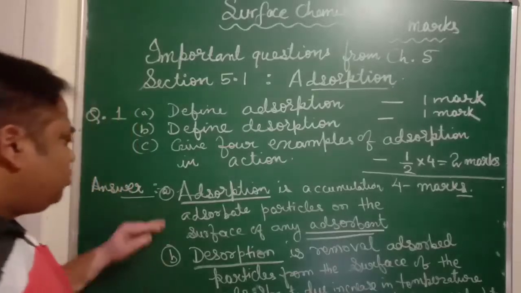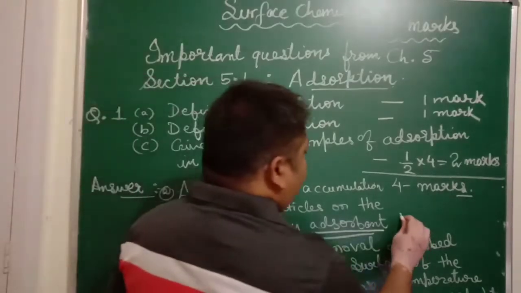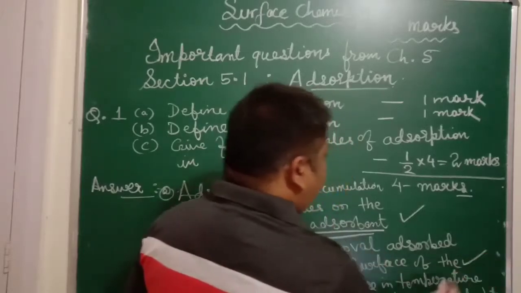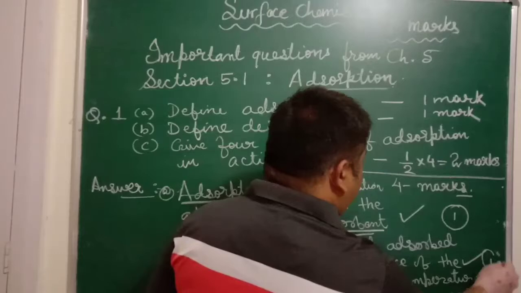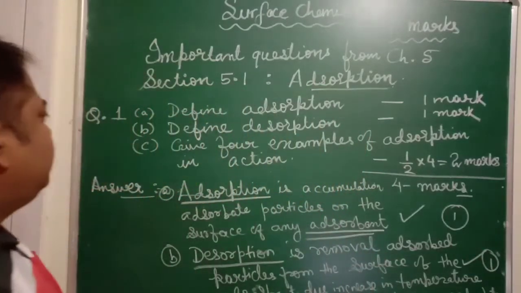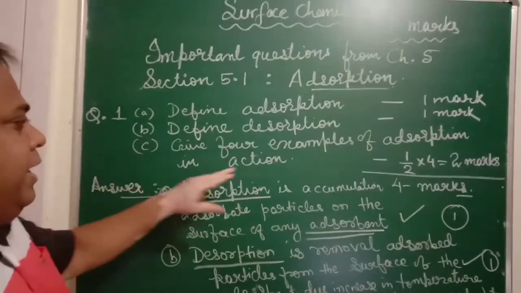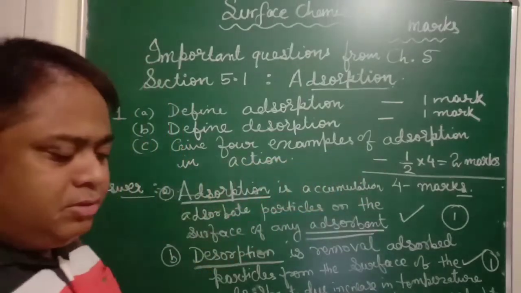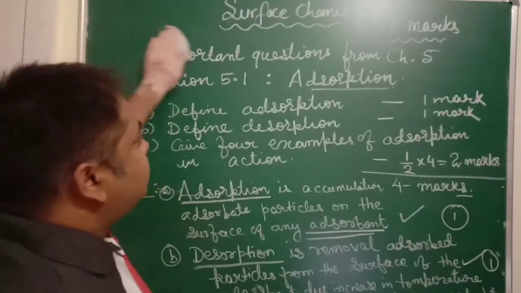Now if you write these two sentences correctly without any doubt, then the examiner will put one tick mark over here and one tick mark over here and will give you 1 mark, 1 mark. Now 4 points will have to be written, half marks for each, for examples of adsorption in action. So what are the different examples of adsorption in action? I had shown you yesterday in the experiment.